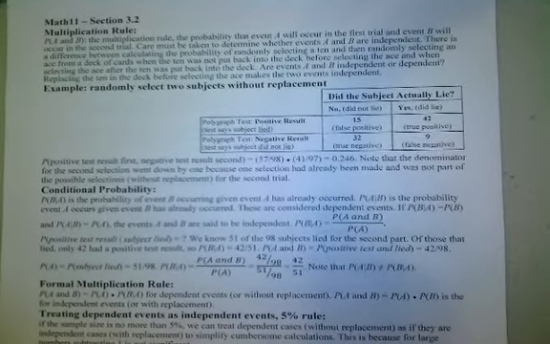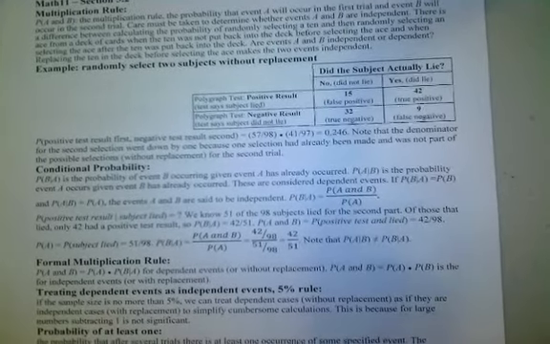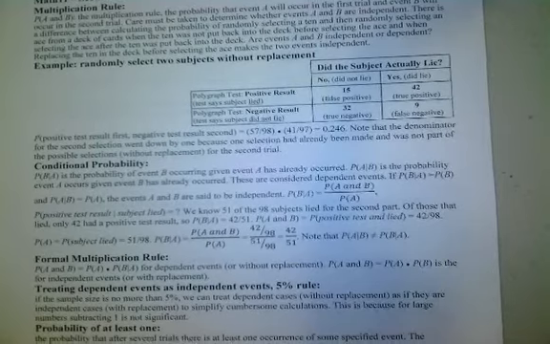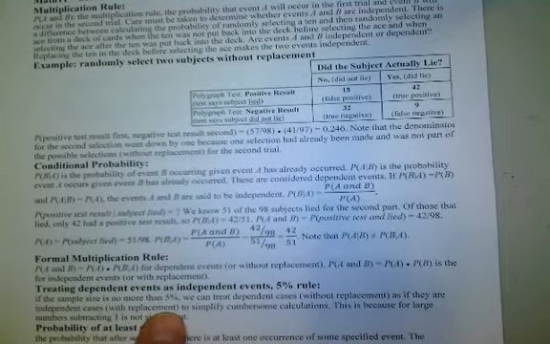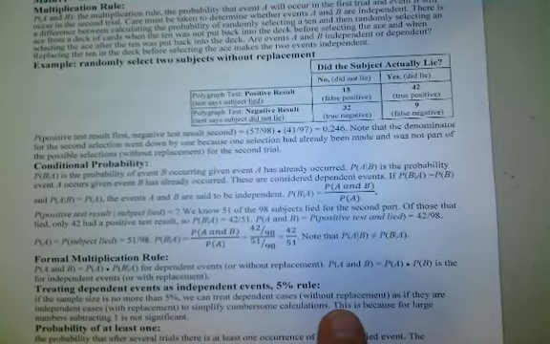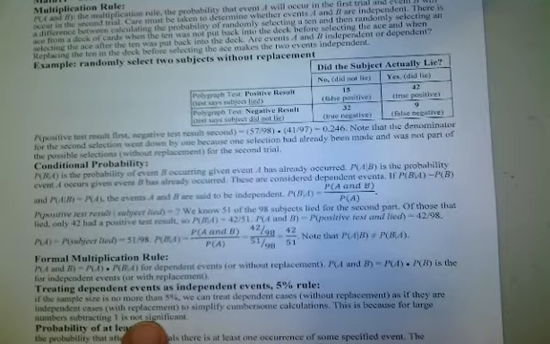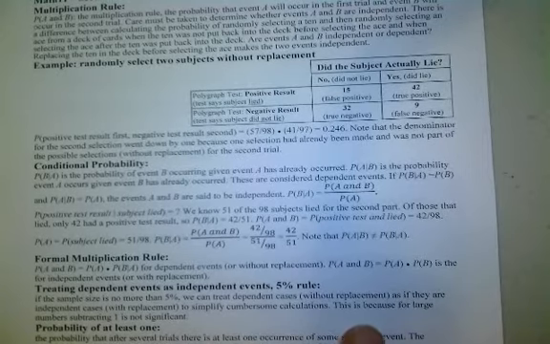Now, sometimes, just because things are not significant, we can use what's called the 5% rule, which is, even though they are dependent cases, if the sample size is no more than 5%, we can treat the dependent cases, in other words, the without replacement cases, as if they are independent, as if they were actually with replacement, to simplify cumbersome, awkward, tedious calculations.